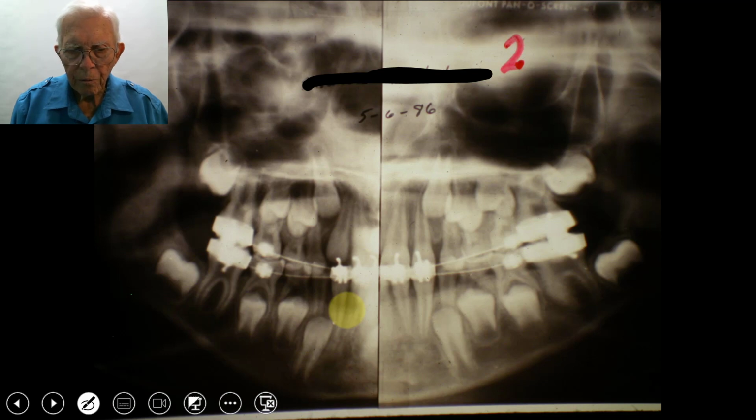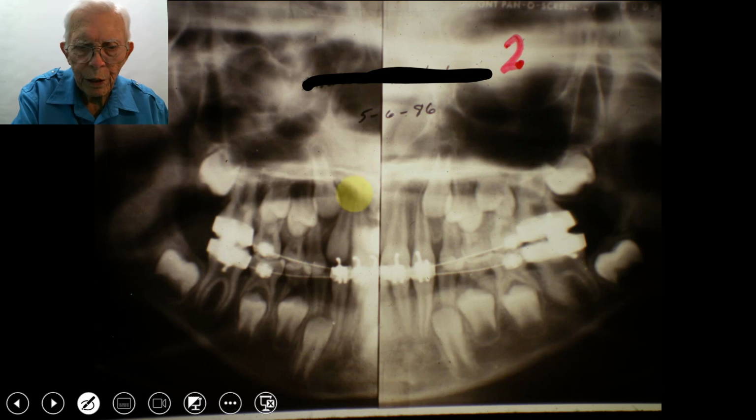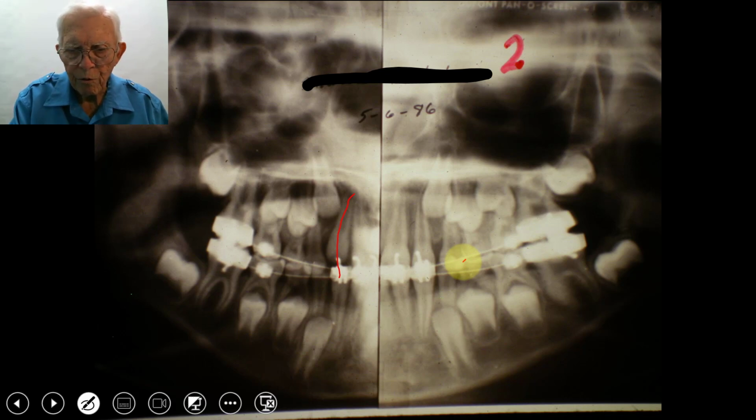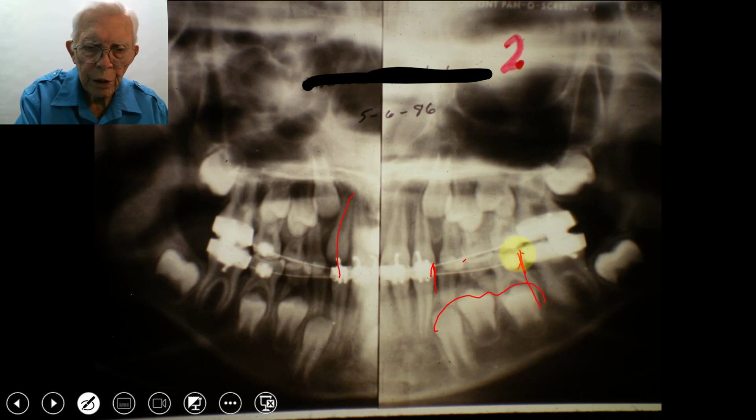Now here, all we do is get that deciduous tooth out of the way and get this one down in place, and we start opening up the space in the bottom and bringing the lower teeth forward to fill in. Now we're going to have this space from here to here to put these teeth in this area.